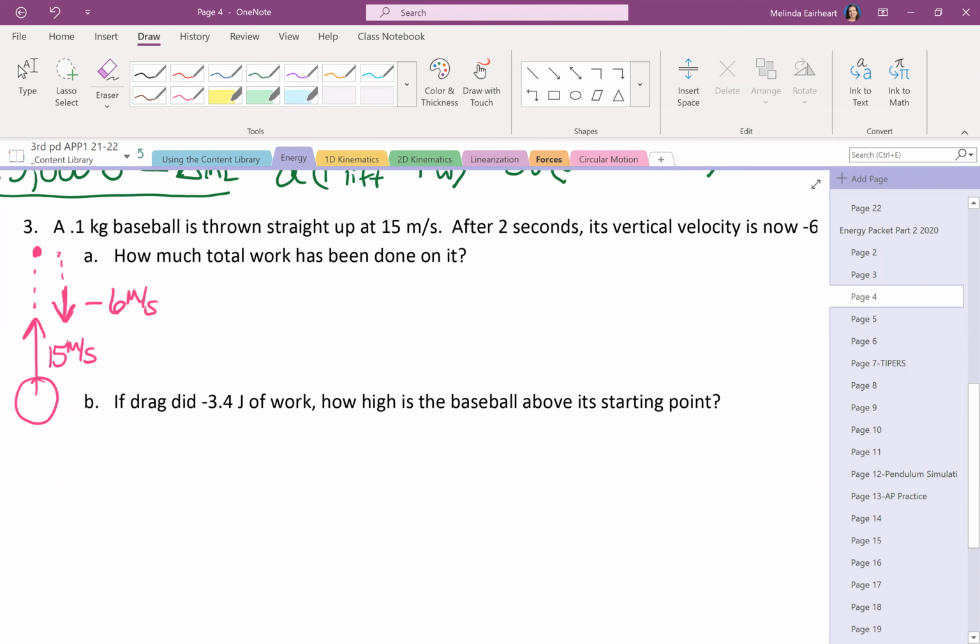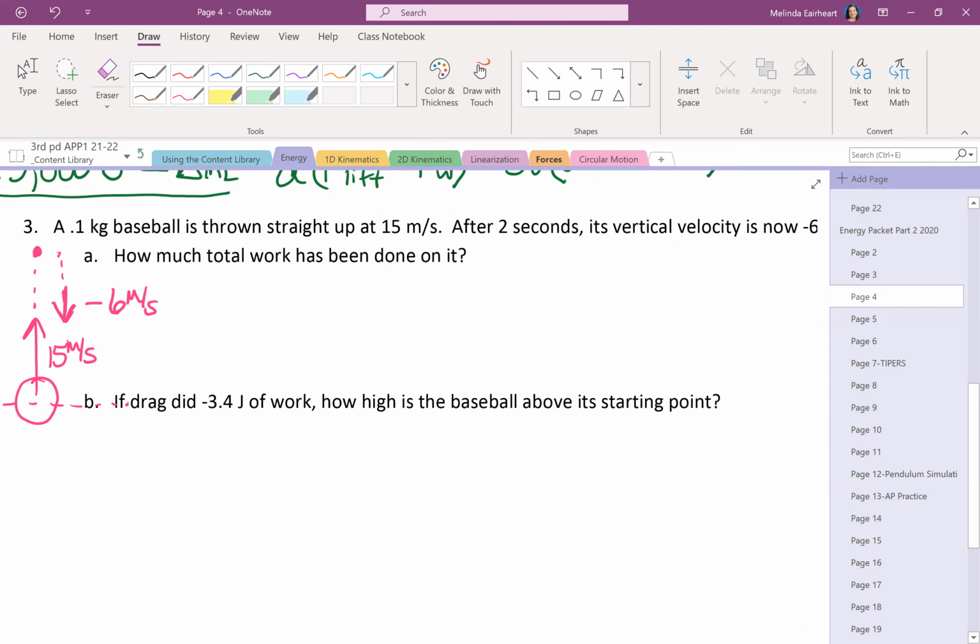Free fall review. What if it did come back into the player's hand? Neglecting air resistance, it would be -15. Okay, there was nice symmetry with free fall, straight up, straight down. Okay, so being -6, partly due to the air resistance, trying to slow it down the whole time, but also probably hasn't reached the player's hand yet.